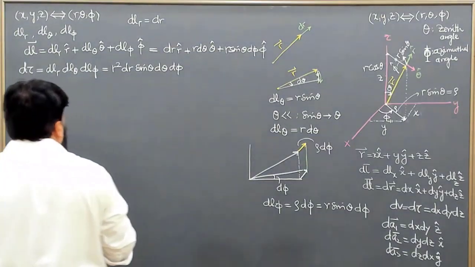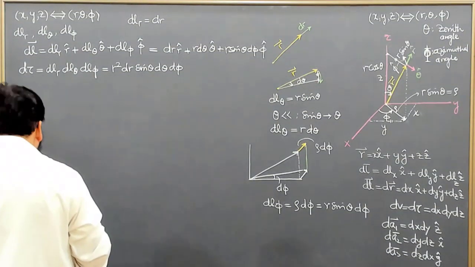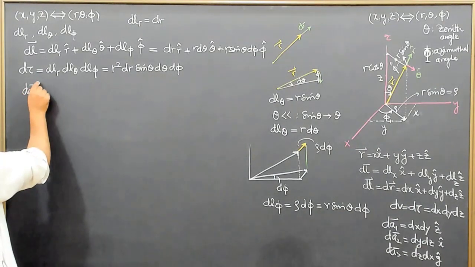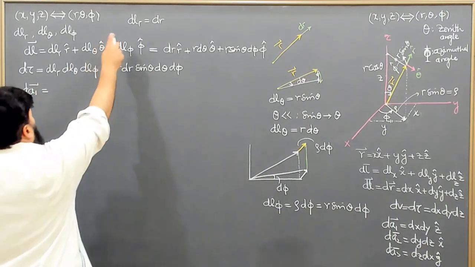So these are the three area elements we can have on any face. Now in spherical polar coordinates, we will have our area element dA1. Any two components we can multiply.